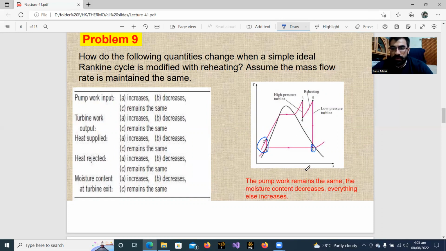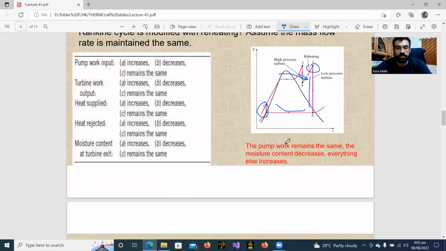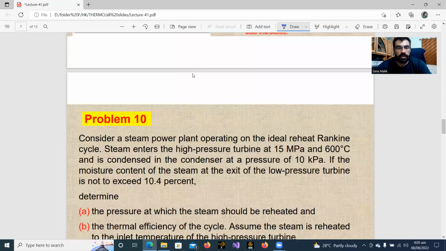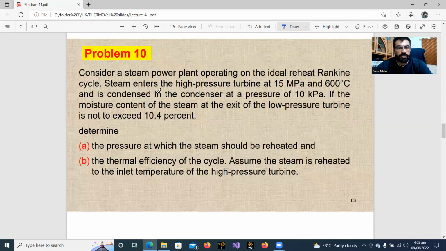This was our purpose, to decrease the moisture content at this state, and everything else will increase. Our efficiency will increase, turbine expansion will increase, Q in will increase, average temperature will increase.